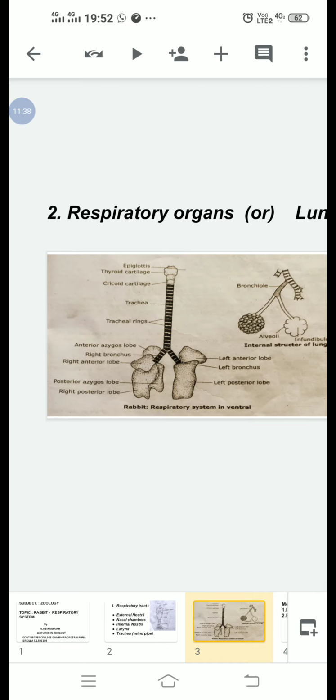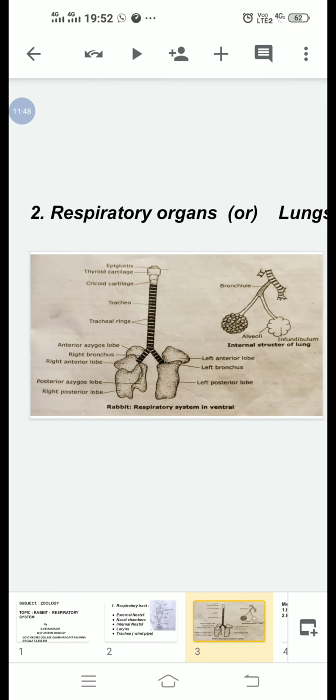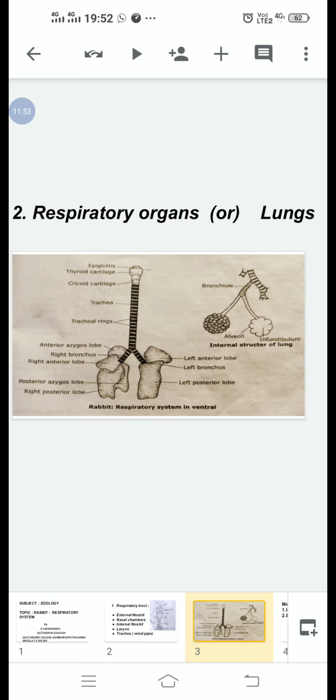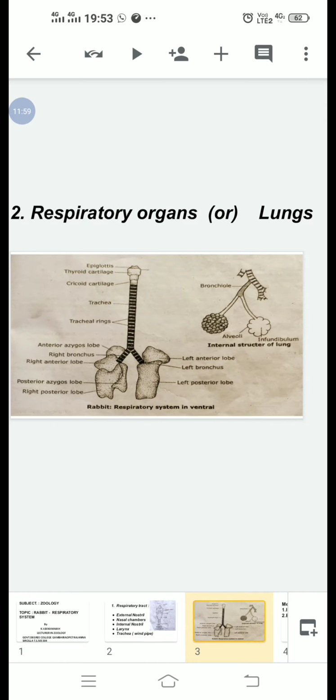In rabbit, a pair of pinkish and spongy lungs is present in the thoracic cavity, one on either side of the heart.